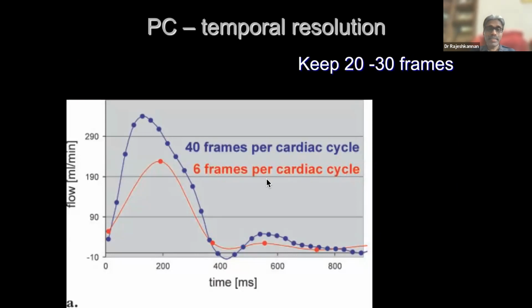Another important thing is the number of phases, how many phases you are going to take per RR interval. Also very important. Ideally, you can take 20 to 30 frames per RR interval.